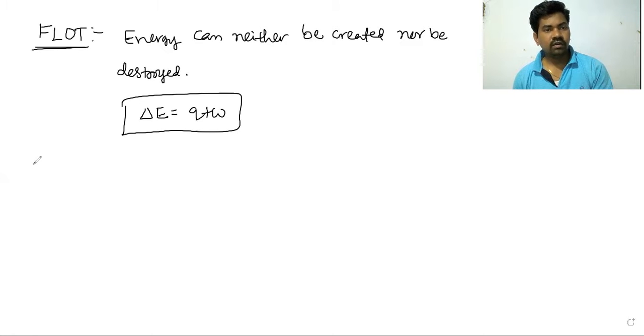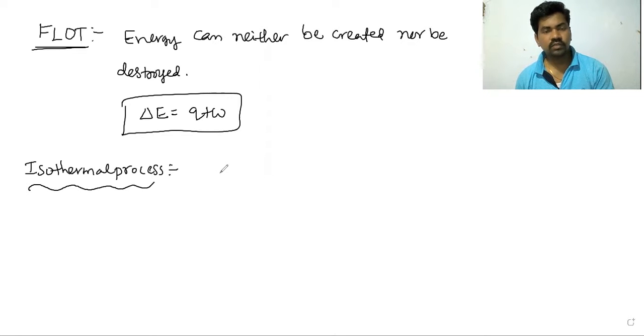In general, how do we apply this first law of thermodynamics to an isothermal process? In an isothermal process, T is constant, so delta T is equal to 0. Then delta E is equal to 0.